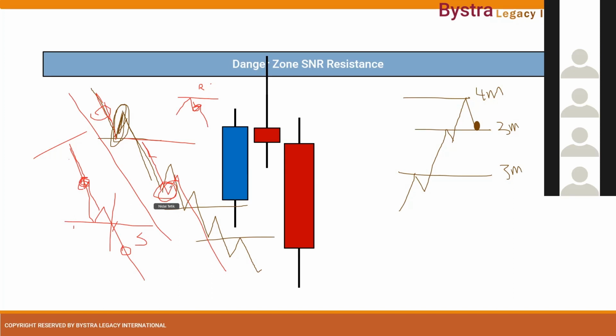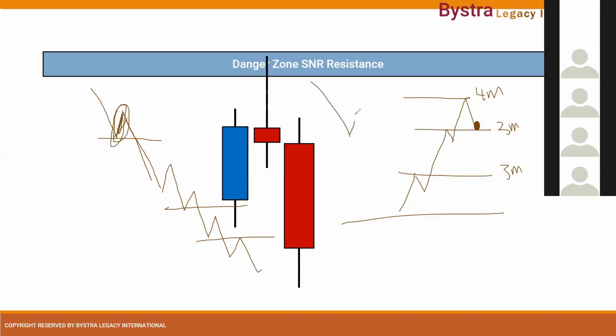It's like a retracement area like that. So what we normally call for SNR, in this kind of case, is what we call a big movement. Then you have another big movement.